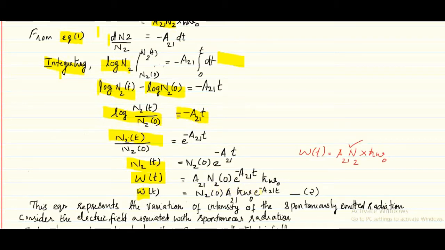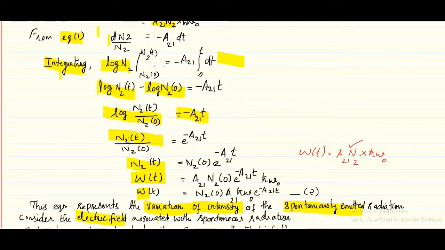Let this be equation 2. This equation 2 represents the variation of intensity of the spontaneously emitted radiation.